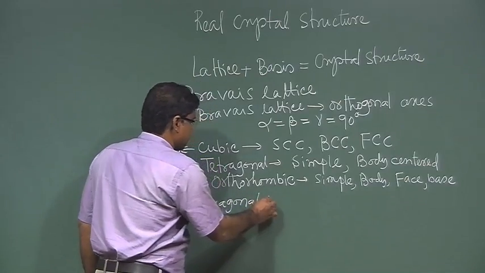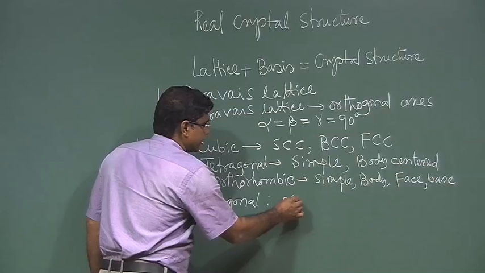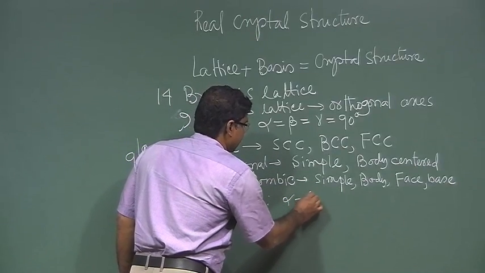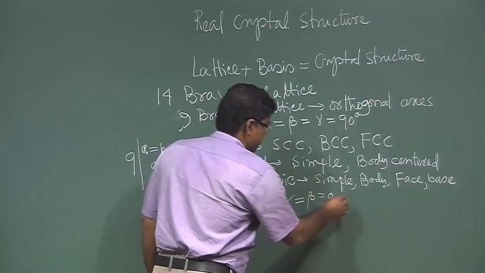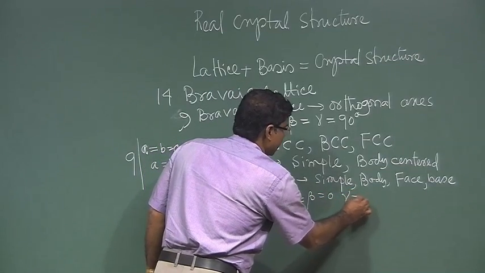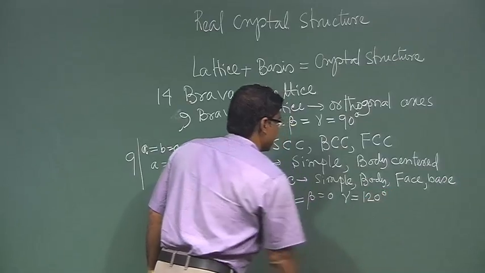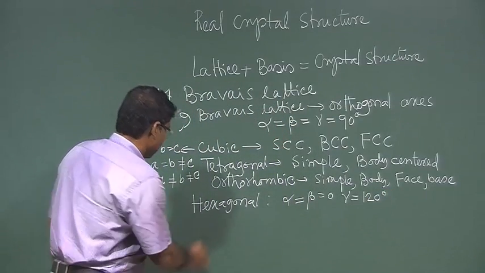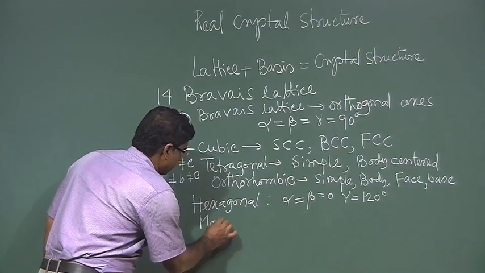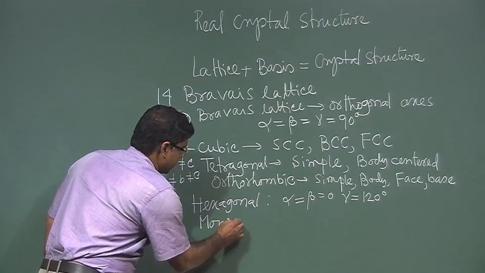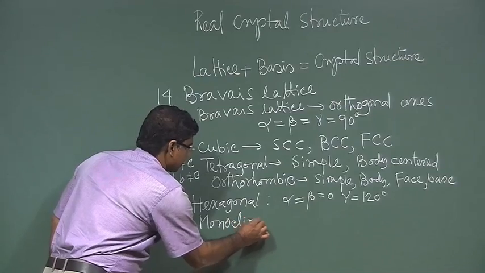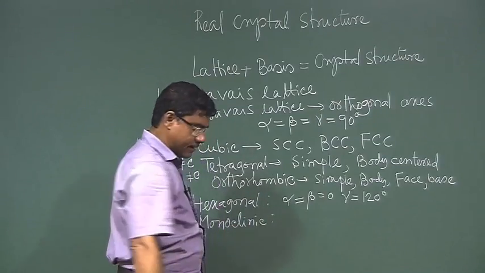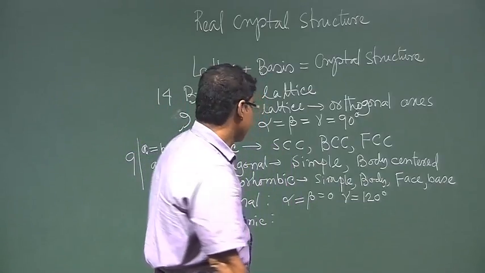So, in this case two angles are 90 degree, alpha and beta equal to 90 degree, but gamma is not 90 degree, it is 120 degree, right. And we have monoclinic, it also has two angles of 90 degree, one angle is not 90 degree.